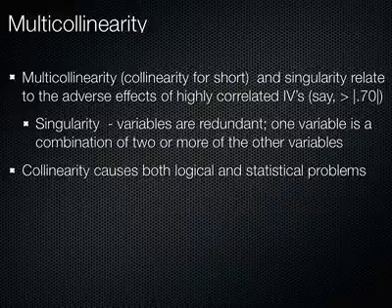In my experience, people use the terms interchangeably. So call it multicollinearity, call it collinearity, but it has to do with the adverse effects of highly correlated independent variables. It only concerns the independent variables in your analysis. It does not have anything to do with the dependent variable.